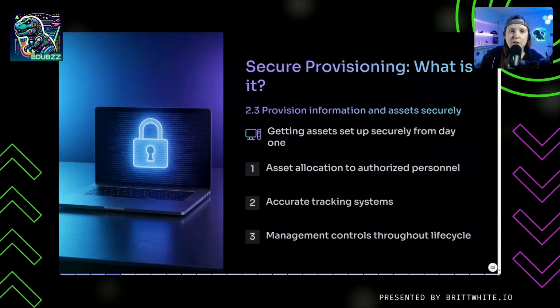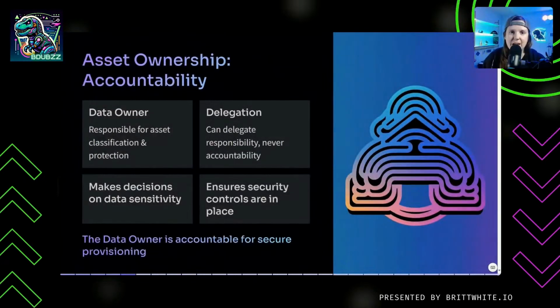The foundation of secure provisioning is ownership. Every single asset needs a designated owner. This isn't just about having someone to blame if things go wrong. It's about having someone who's accountable for protecting that asset. This person is usually called the data owner, and they're typically a senior manager. They're the ones who decide how sensitive the data is.